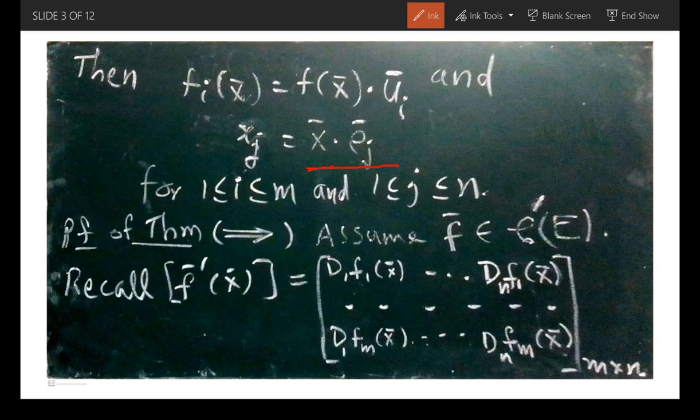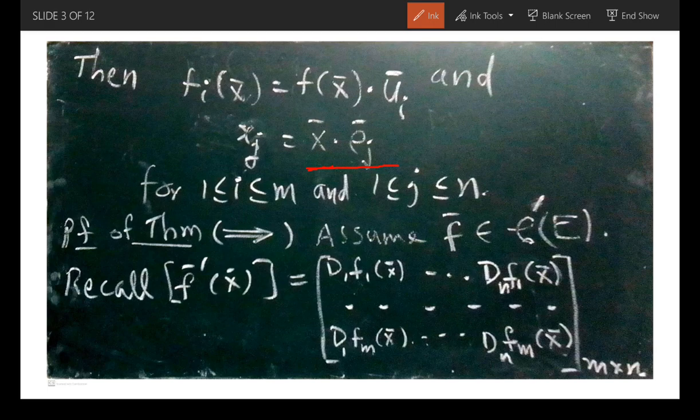You write x as x1 e1 plus etc. plus xn en, as in the previous slide. Then look at x inner product ej. So it is x1 into e1 inner product ej plus etc. plus xj into ej inner product ej plus etc. plus xn into en inner product ej.